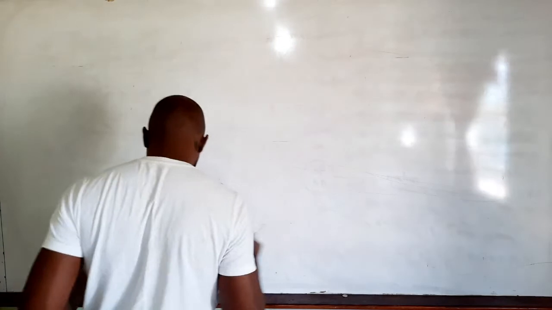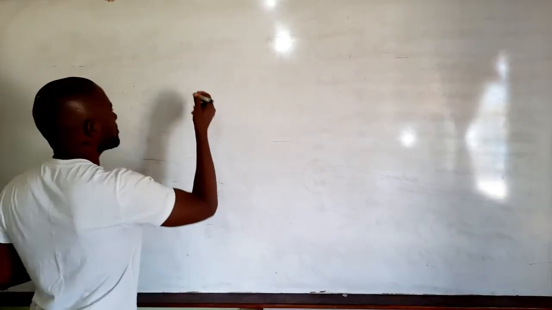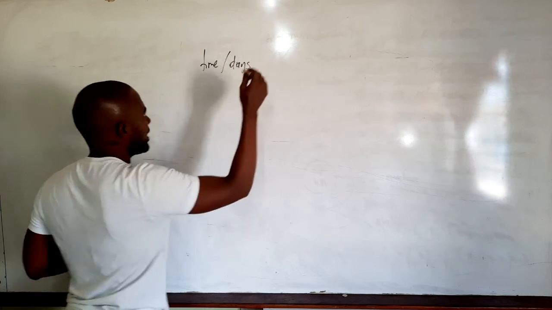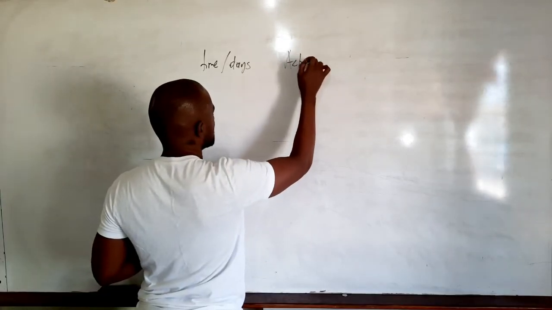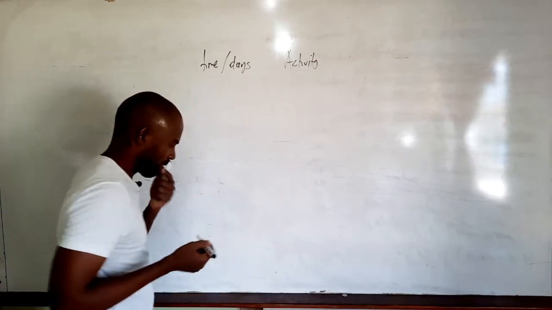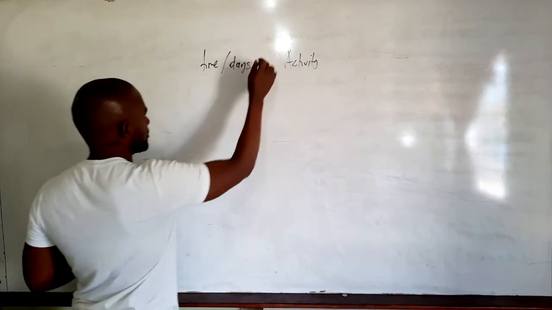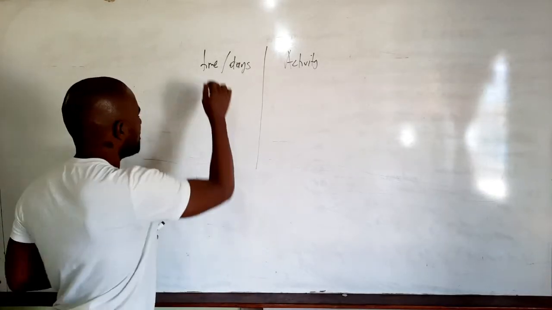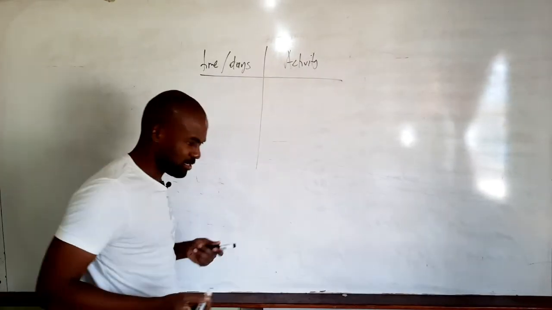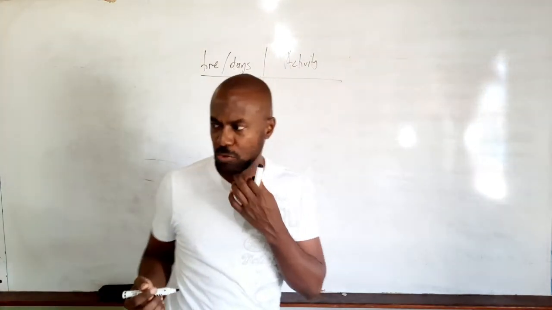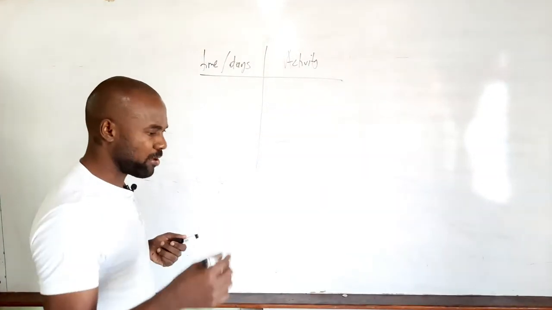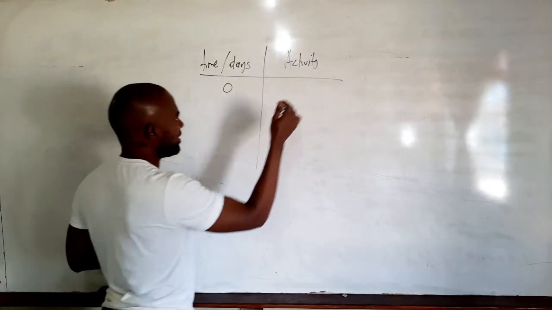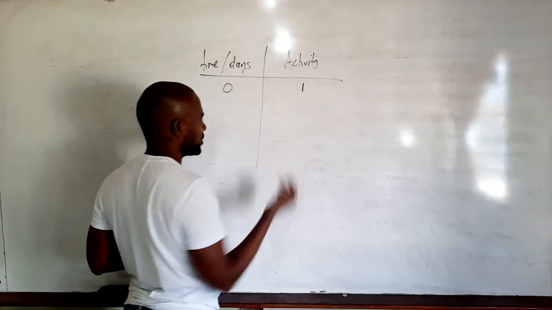So let's say time in days, and this is the activity. Now, at t equals 0, and we're just choosing a number here for simplicity, let the activity be equal to 1, right?